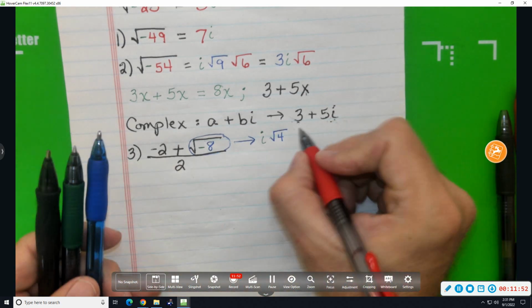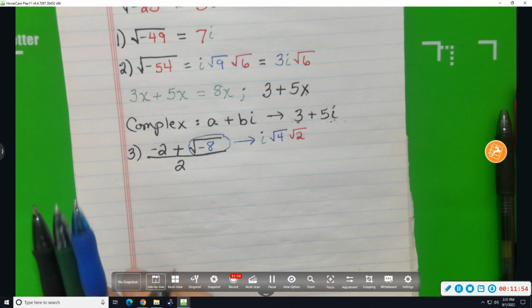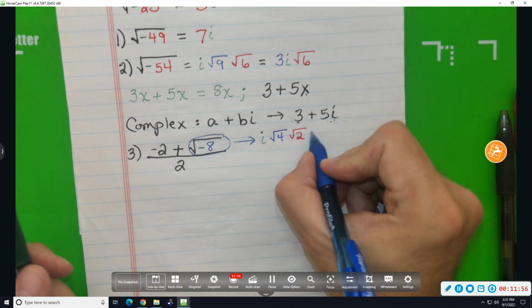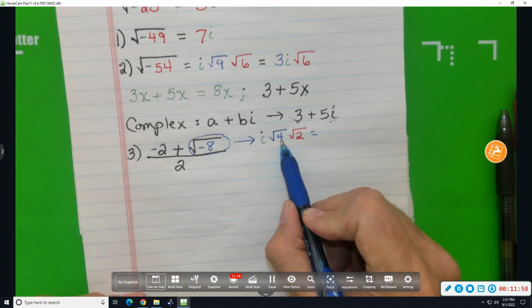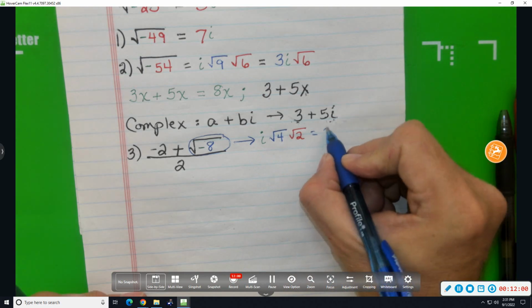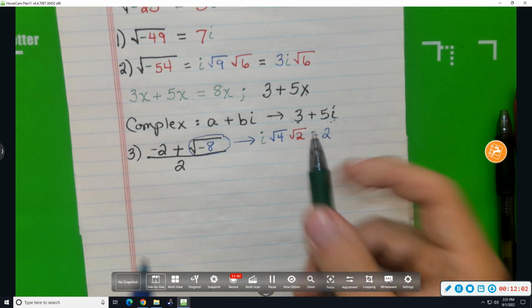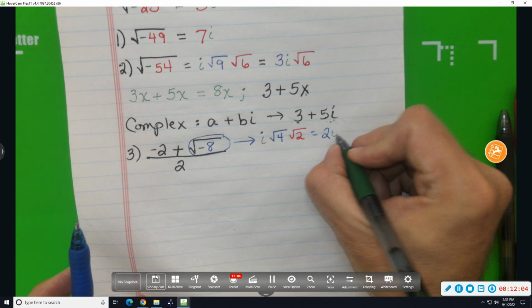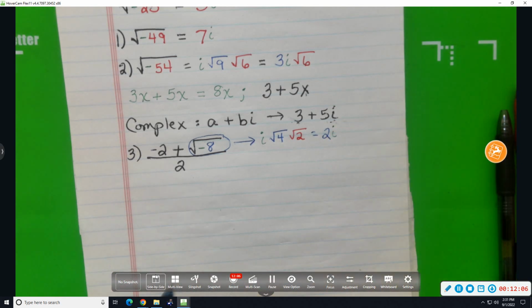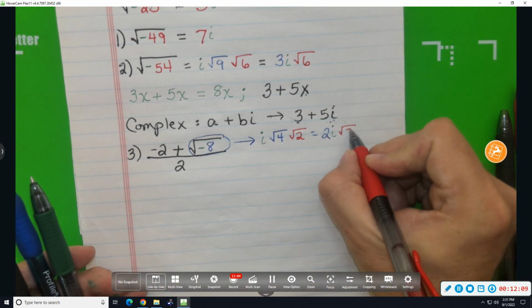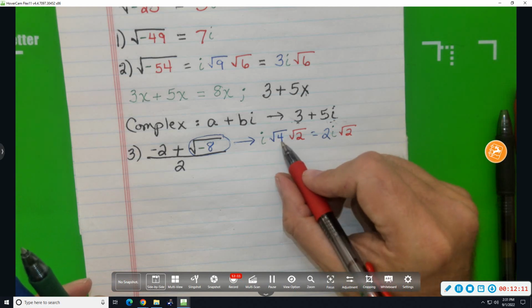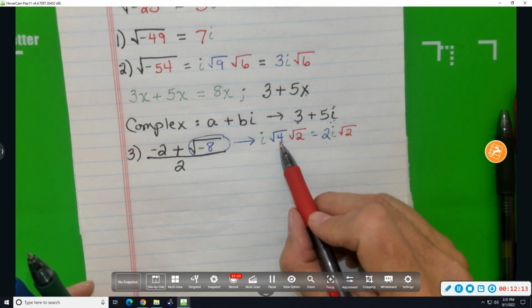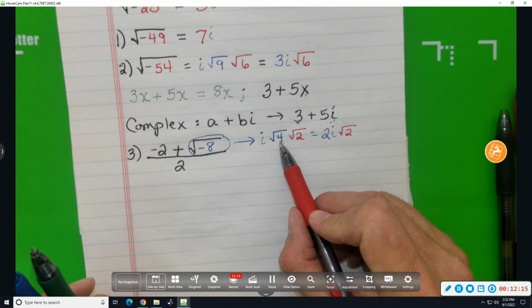And then how would I simplify that? Well, I'd write the blue 2, then the green I, and the red square root of 2. So 2, the 2 is blue because that's what we're getting from the blue square root of 4.